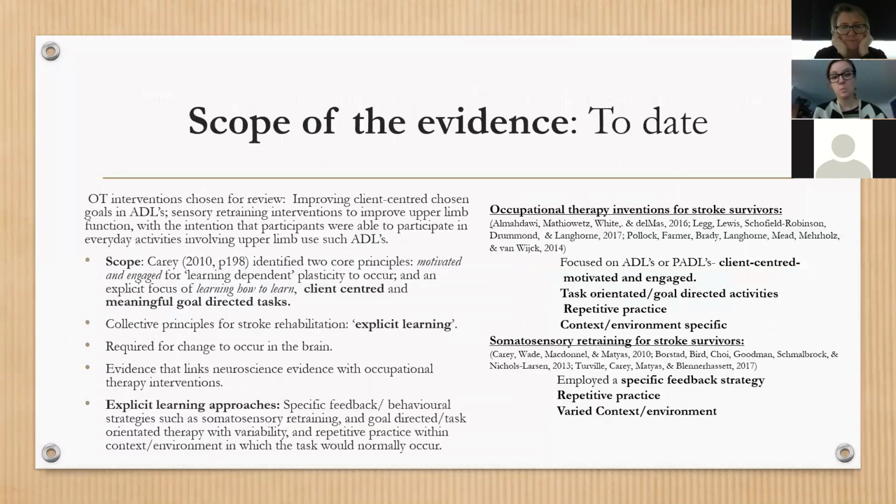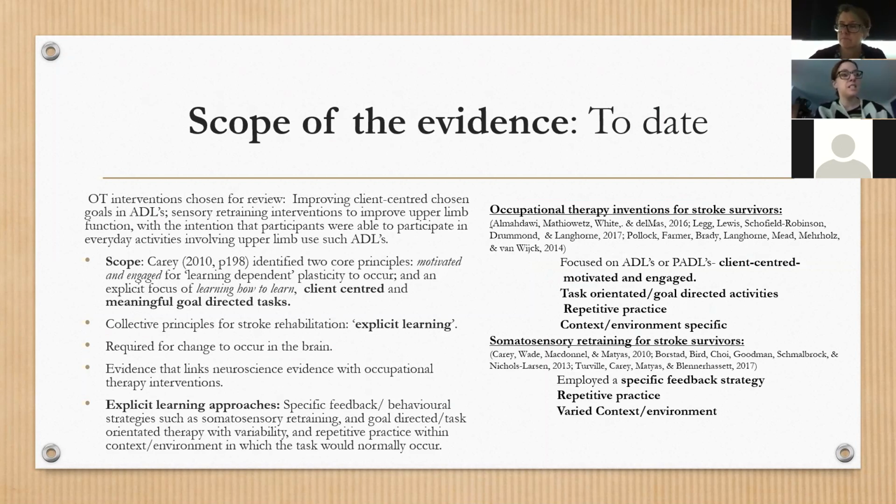All right, so the scope of the evidence to date. The OT interventions chosen for review were all aimed at improving client-centred chosen goals in ADLs. The sensory retraining interventions I reviewed aimed to improve upper limb function with the intention that participants were able to participate in everyday activities involving upper limb use such as ADLs. Okay, so the scope.